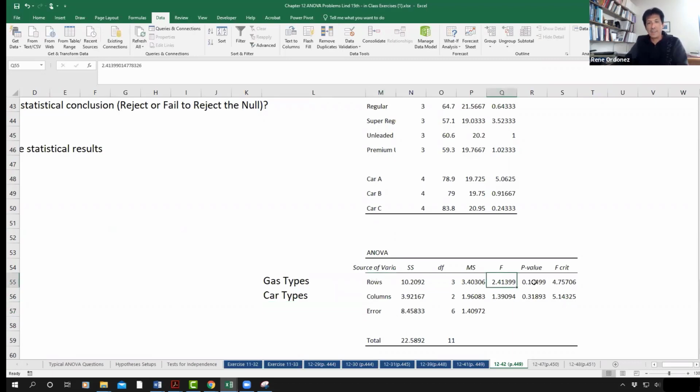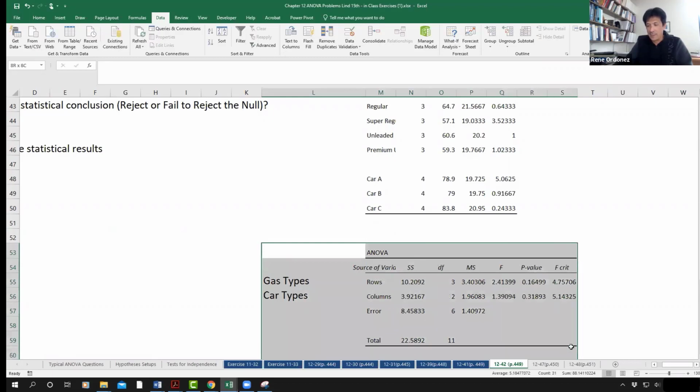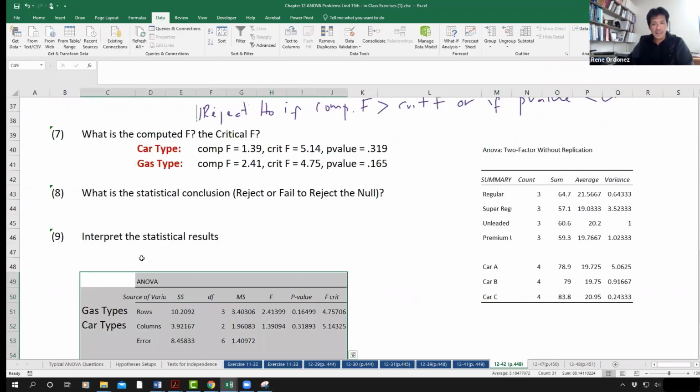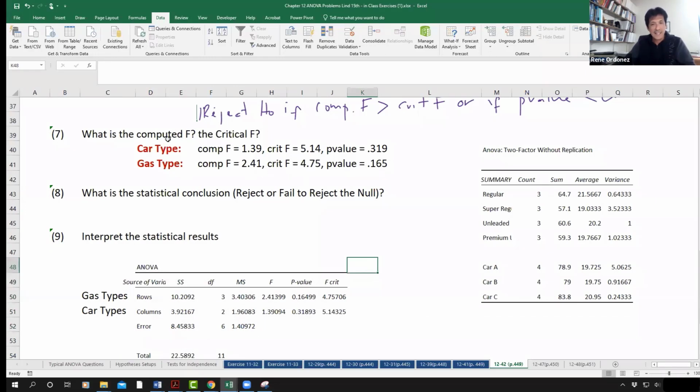So let me copy this and move this over to the left, closer to the numbers that you gave me. All right, so for the car type, 1.39, good.